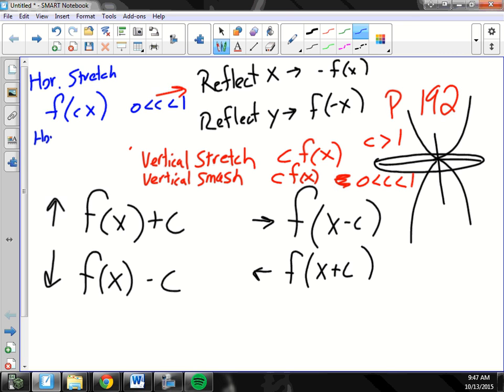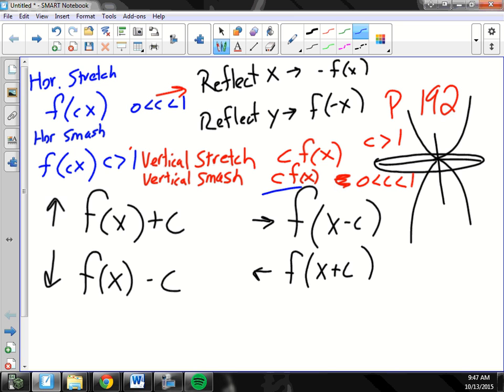And a horizontal smash is still f of cx, but it's c greater than 1. What happens if c is 1? If c is 1, how is that going to transform the graph? It won't. Multiplying by 1 is not going to change anything.